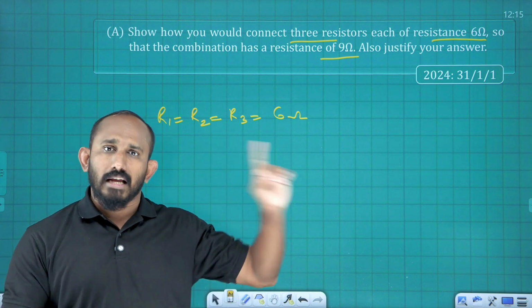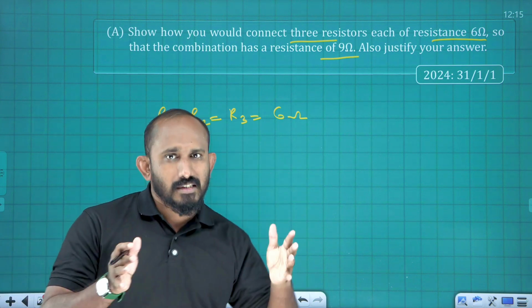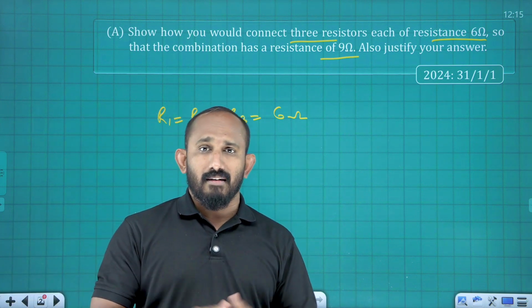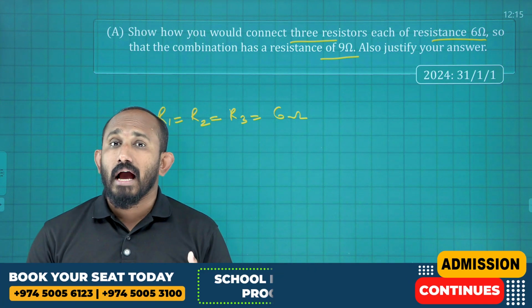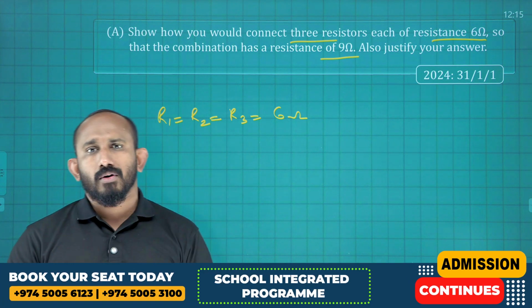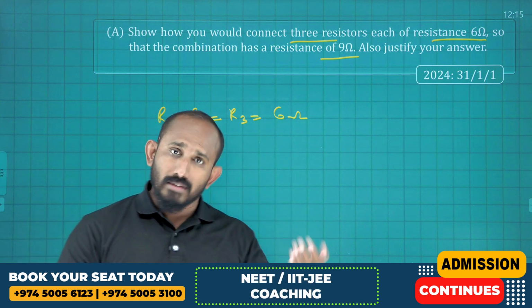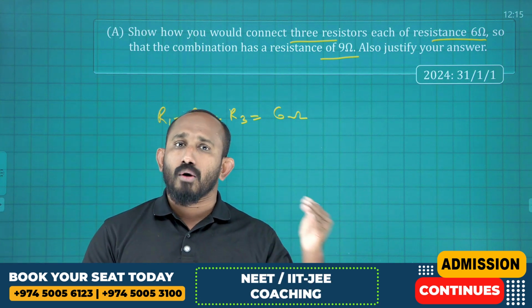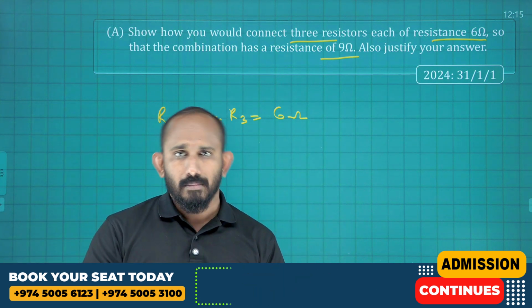But here it is 9 ohm, so it is not completely series and not completely parallel. So let's use the trial and error method. 2 in series and 1 in parallel you can do, 2 in parallel and 1 in series you can check, and like that different combinations. That's the trial and error method.